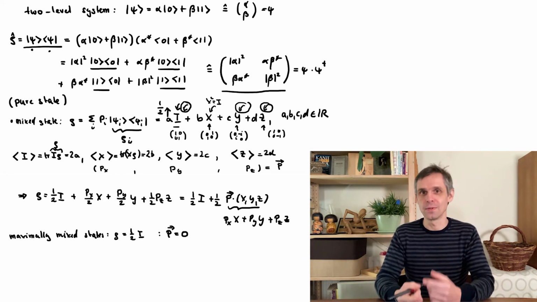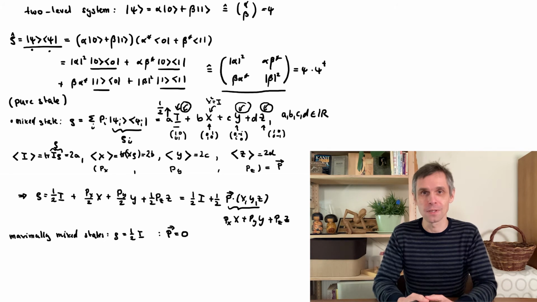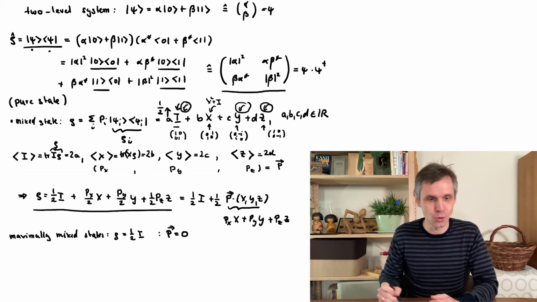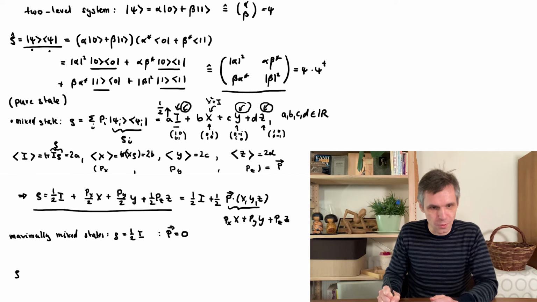And indeed there is a very simple relation between the length of this polarization vector and the purity of the system. And we obtain this by simply writing down this form of the density matrix explicitly as a 2 by 2 matrix. So I write ρ here. Now we have the identity matrix multiplied by 1/2, so we get diagonal elements of 1/2 from this contribution.